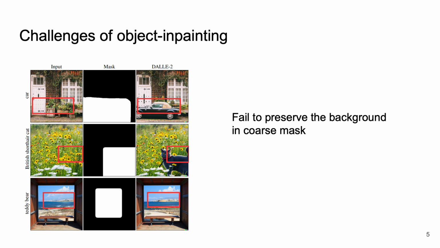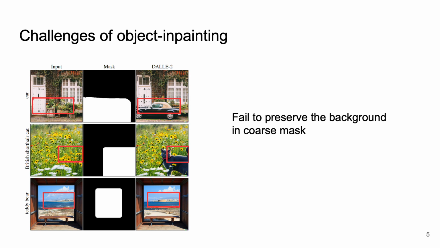Another challenge of object inpainting is background preservation in a coarse mask, because in many cases users just input a coarse mask, like a bounding box or a very wide region. The user may just want to generate an object inside this mask region, however, the model may fail to preserve the background in a coarse mask, as shown in the left figure.